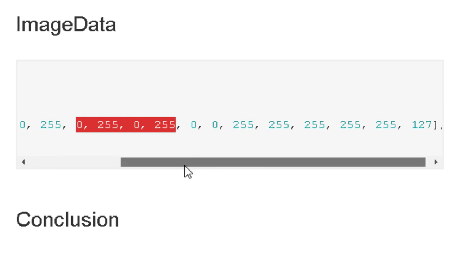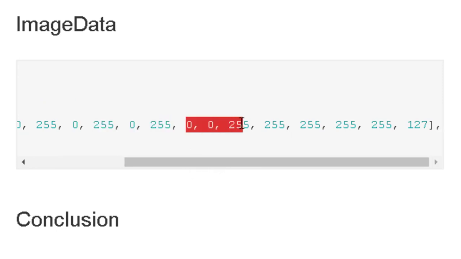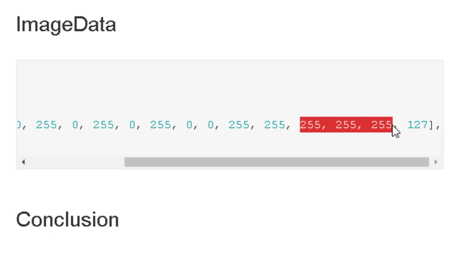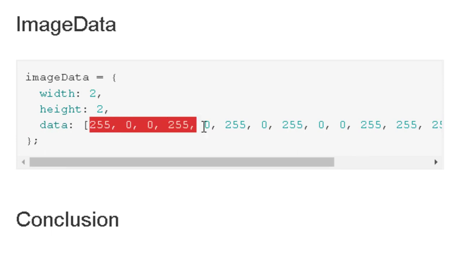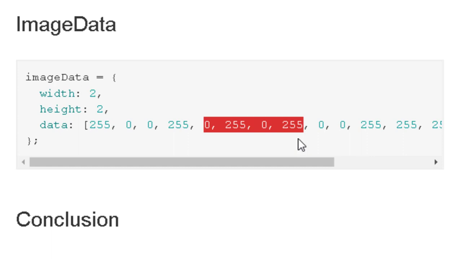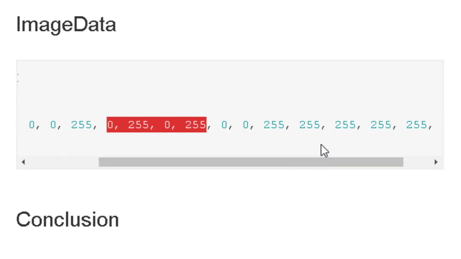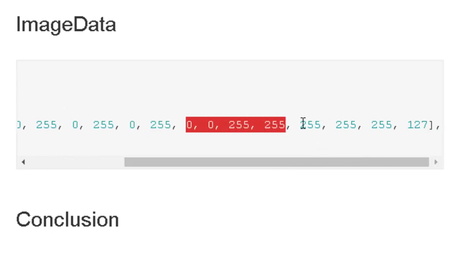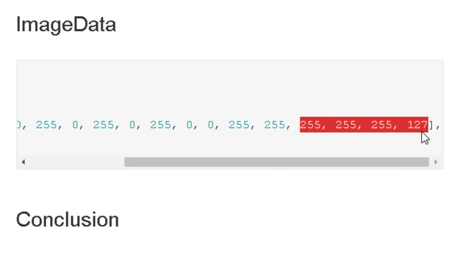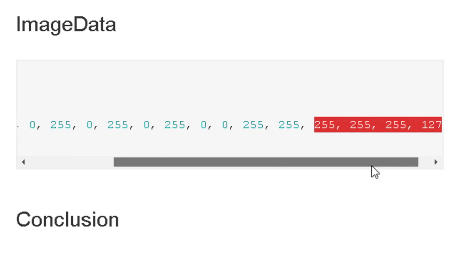So that's our green. And then this is our blue. And, ooh, I did that wrong, so okay, hold on. Yep, so this is red. Okay, that's our green. Okay, that's our blue. And this is our white that has 50% opacity.